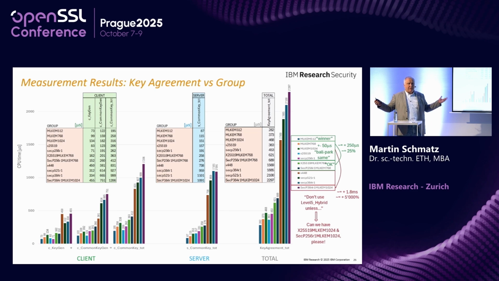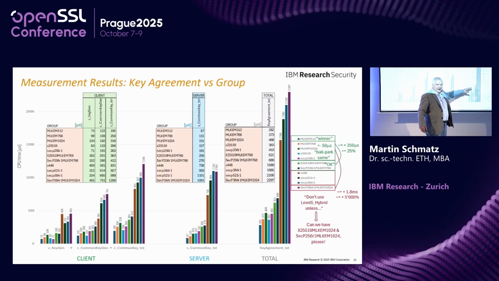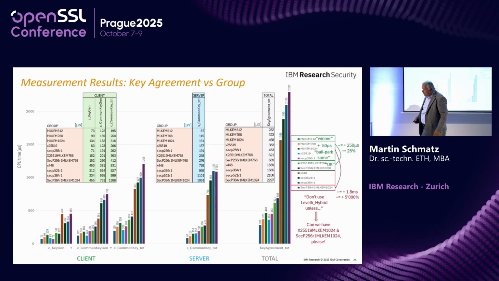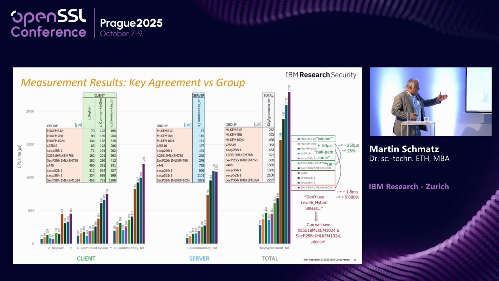Everybody is using P256 and X25519 today, and only because the NSA said you must go to level 5, somebody, I don't know, in IETF or somewhere else, decided now we need to add the 384. Just look here. This is kind of okay. And as soon as you go to the 521s and 384s, boom, it explodes, right? So I'm asking standards bodies and cryptographers to also consider offering us these two.